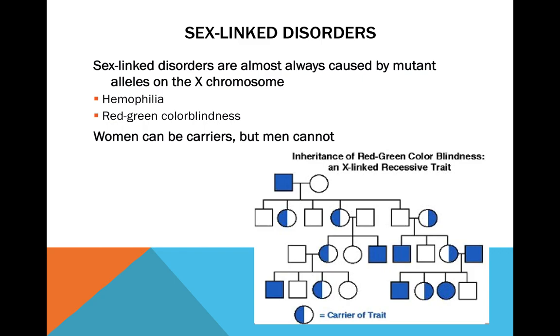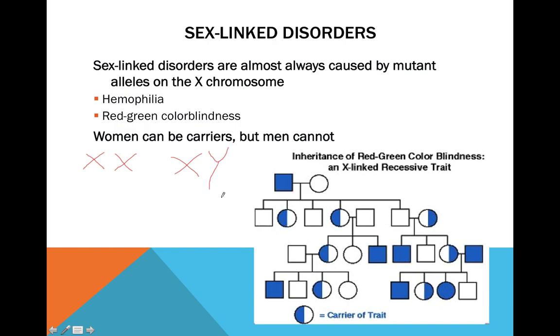Now, sex-linked disorders are when you have some type of mutation on the X chromosome. Hemophilia is one, and red-green color blindness. Women are most often carriers, but men are not. The reason is if you look at the genes that they carry, women are XX, so they have two X's, and men are XY.